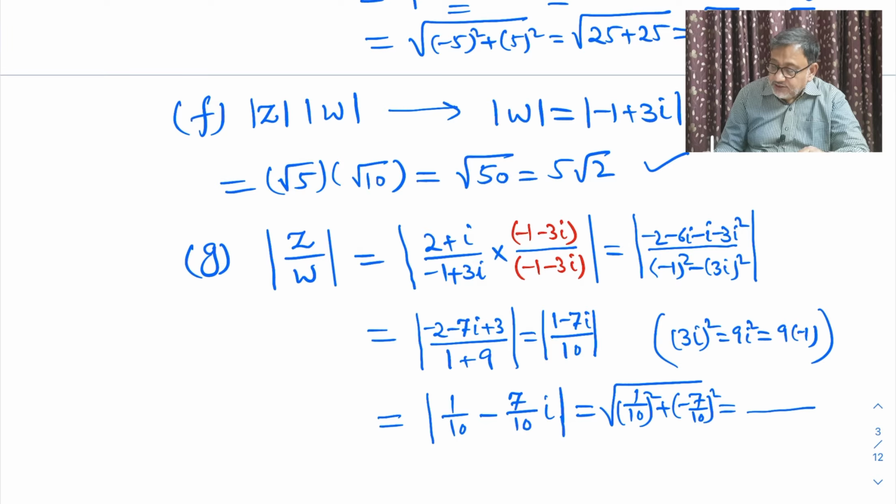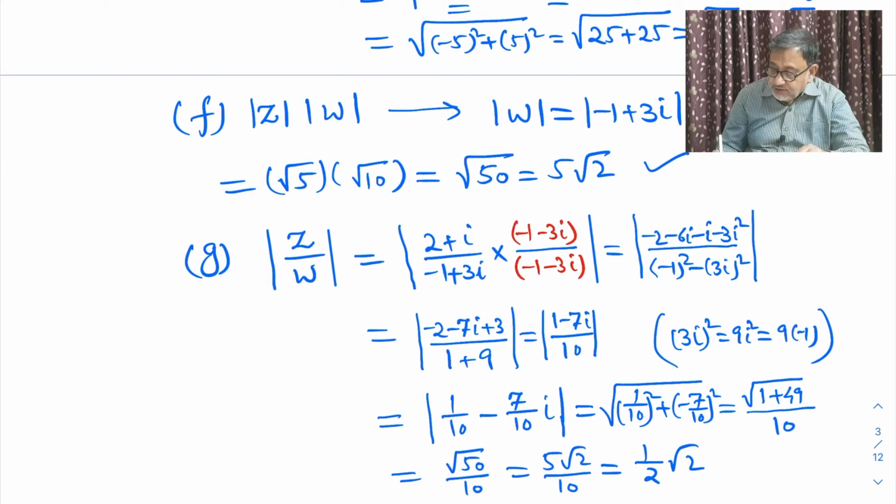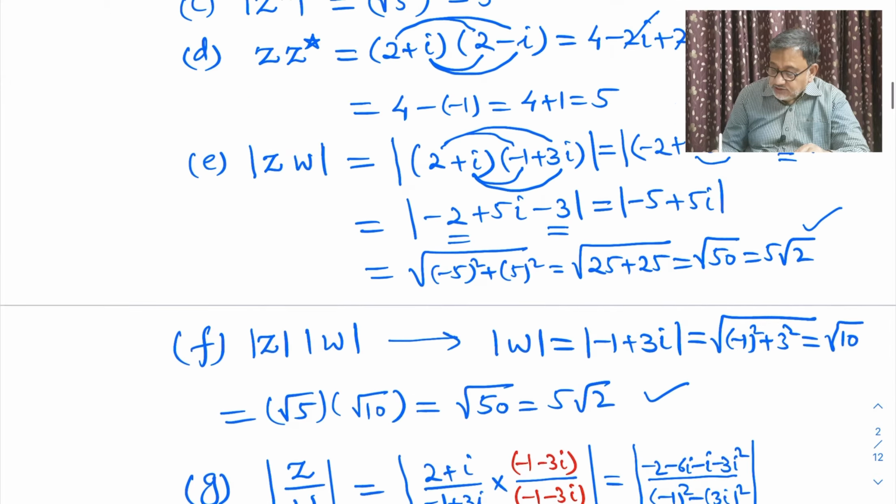So 10 square will come out of the square root, which will be 10. In the numerator, I will have 1 square 1 plus 7 square 49. So square root of 50 divided by 10. Again it will be 5 root 2 over 10, which will be half root 2. This is the final answer.